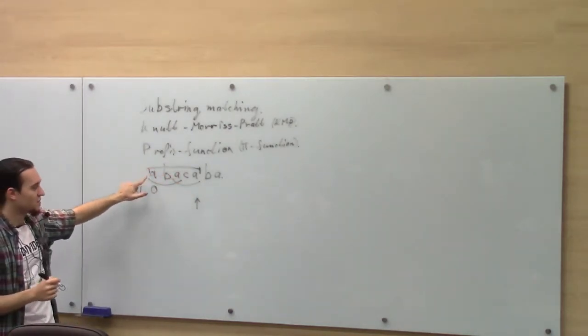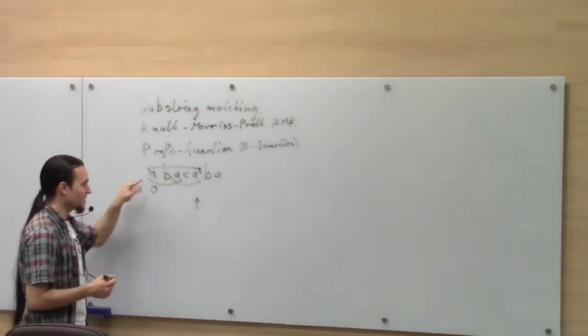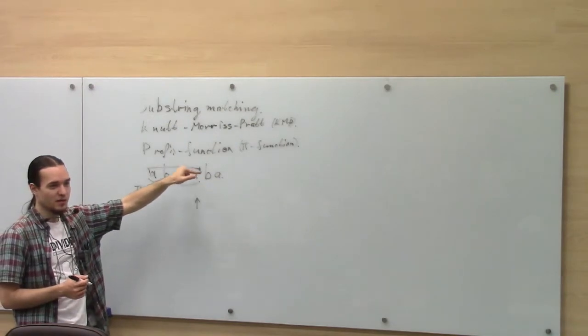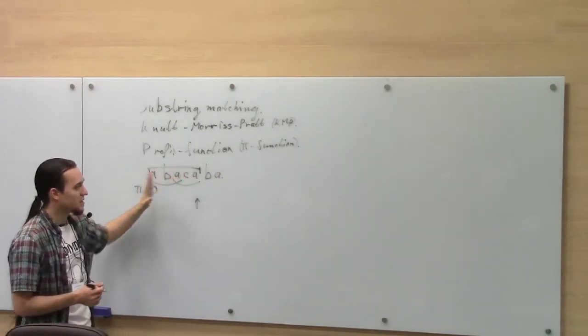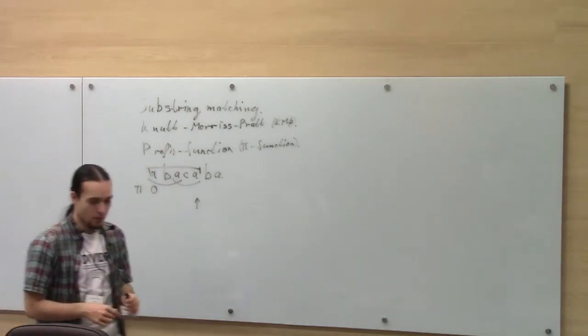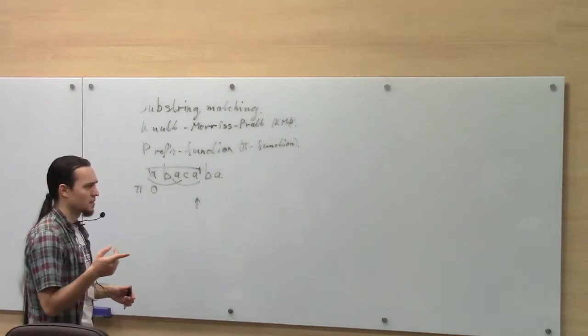In this case ABA and ACA don't match. Obviously we could take 5 and it would match, but it's not interesting, so we don't take any numbers that are at least as large as the length of the prefix. So we take the next largest.